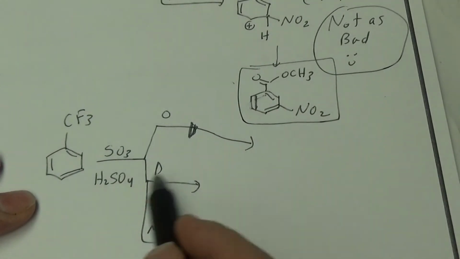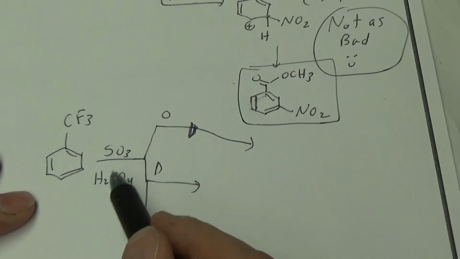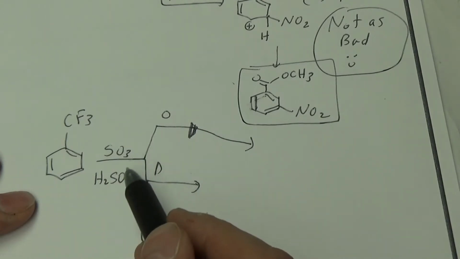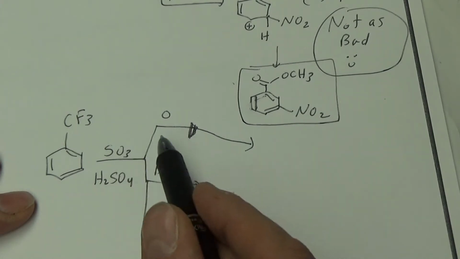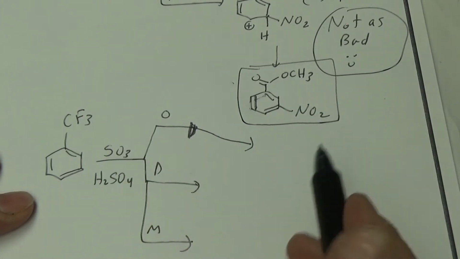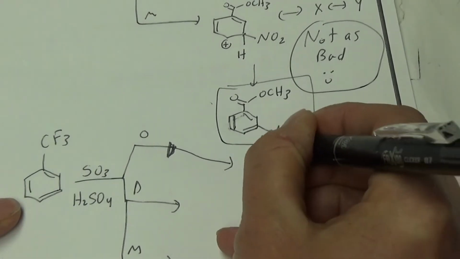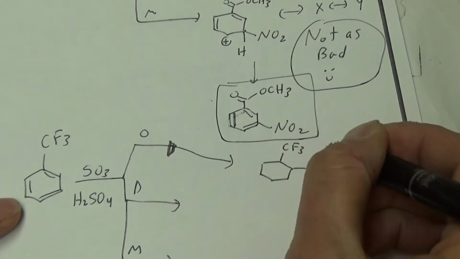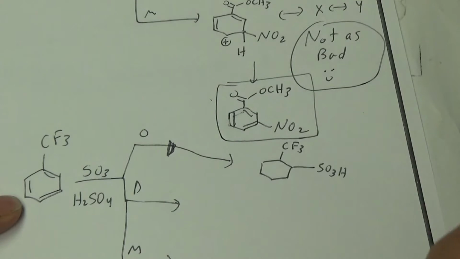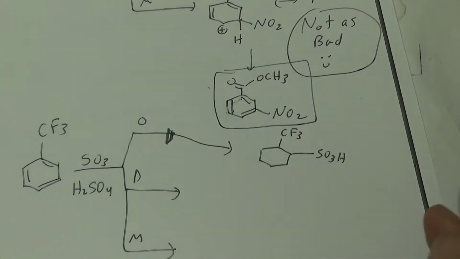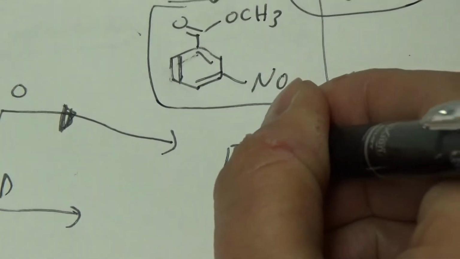So if I do ortho, and remember, all I'm drawing is essentially the product with the functional group attached at the ortho position and para position, meta position. CF3, I'm just going to draw that out as SO3H, because that's the product, but what we're trying to do is analyze the carbocation intermediate.